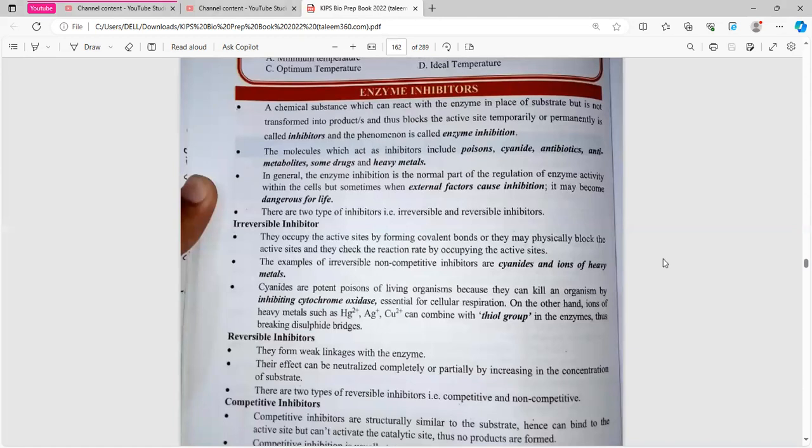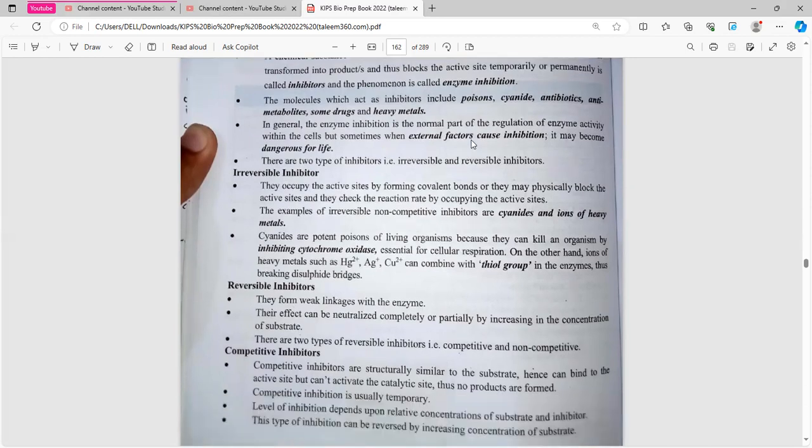Now I would like to tell you the main examples of reversible and irreversible inhibition. You would have known that cyanide is used as a very fast poison in cases of suicide. This is because it acts as an irreversible inhibitor, and similar is the case with many of the famous poisons used in modern day.